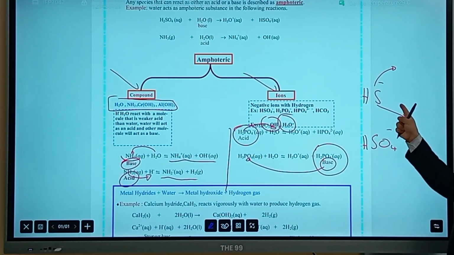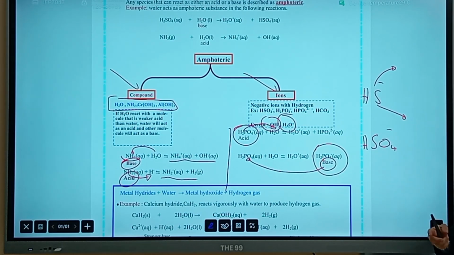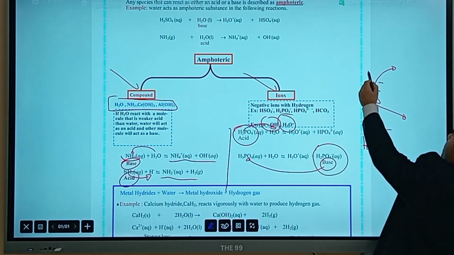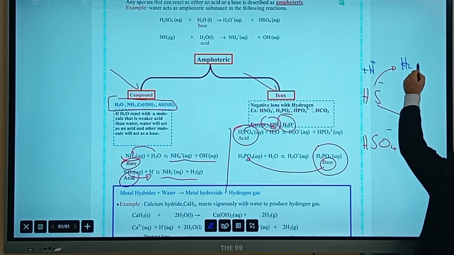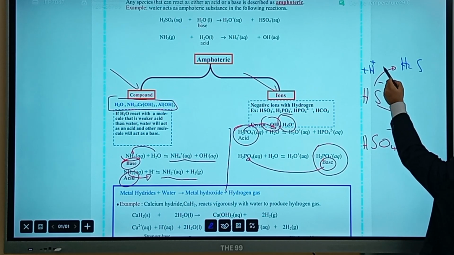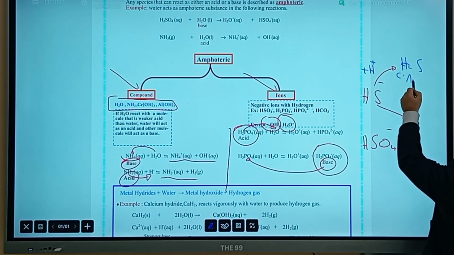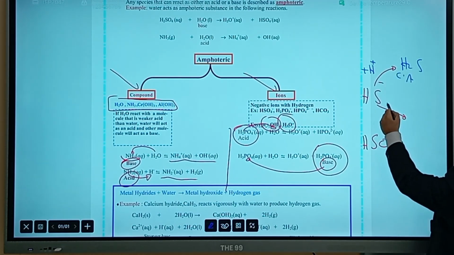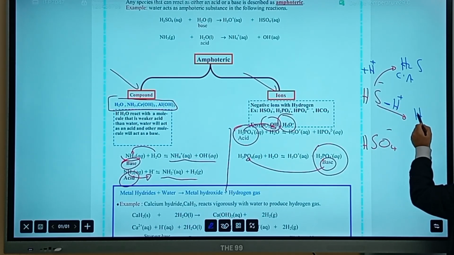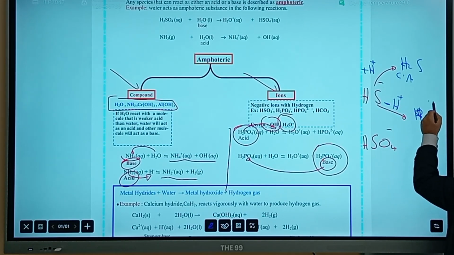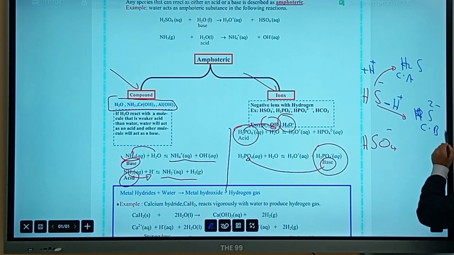When you remove one proton from it, you get a conjugate base. So plus a proton, you get H2S, a conjugate acid. Minus a proton, you get S2 negative, a conjugate base.